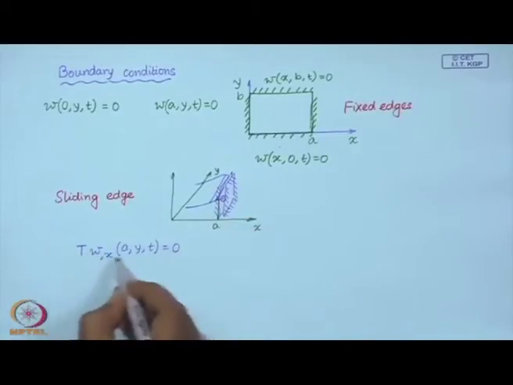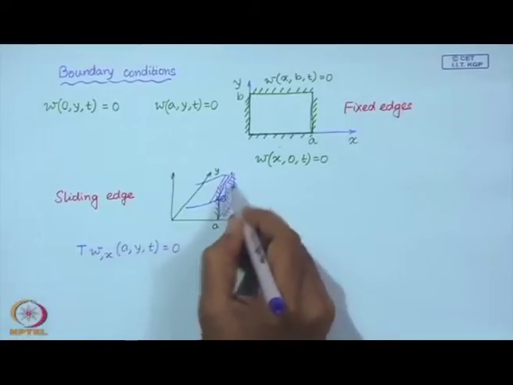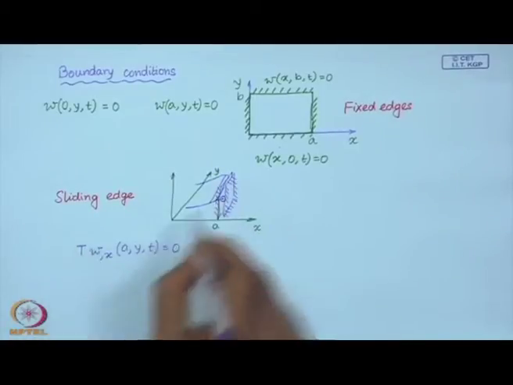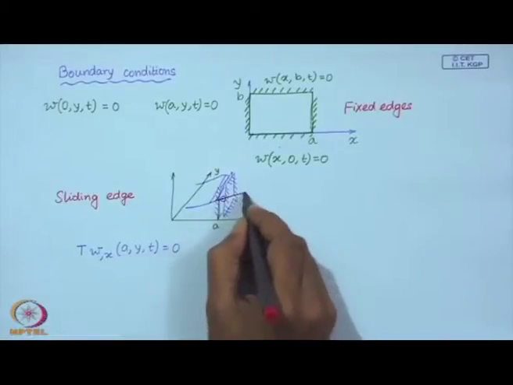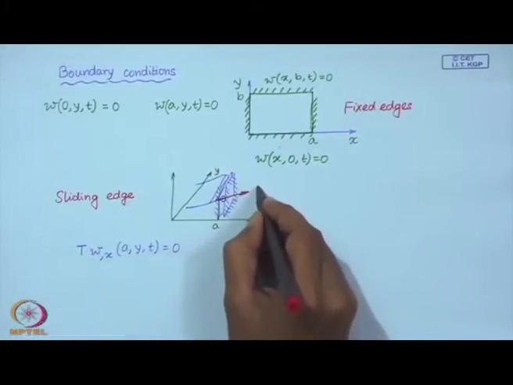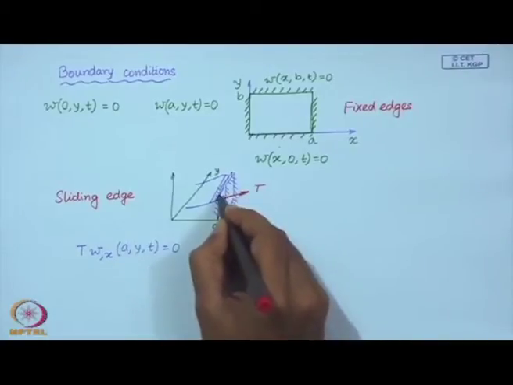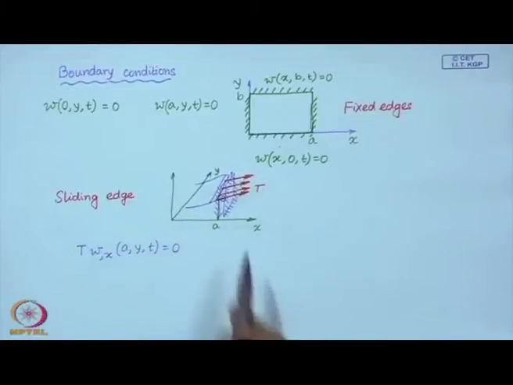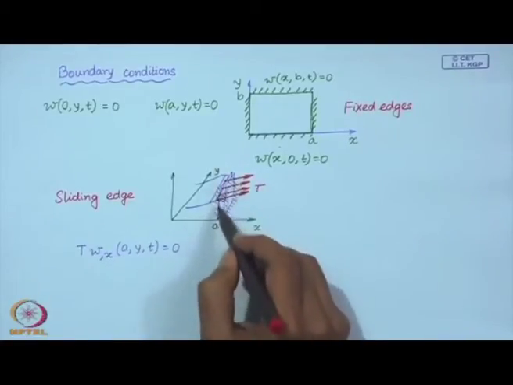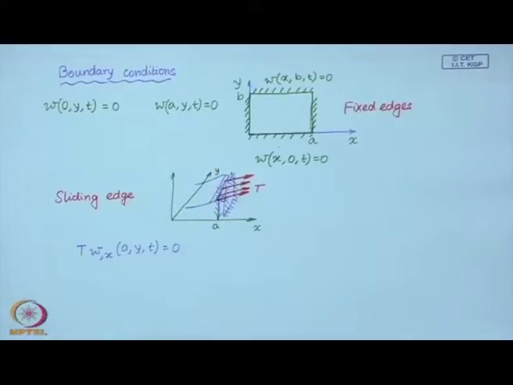So, this is the force per unit length at this edge. This is the tension in the membrane, the force per unit length, so we must take the transverse component of this force.